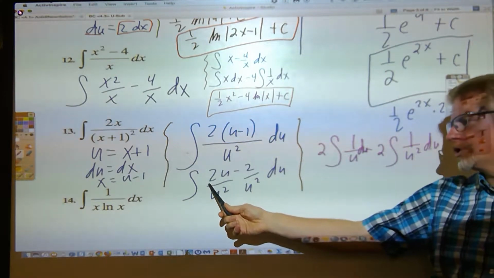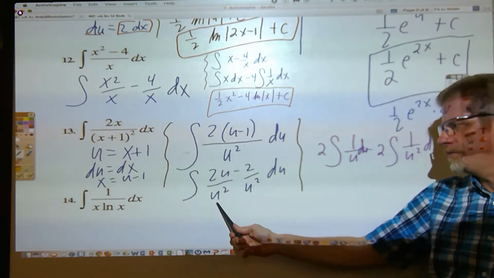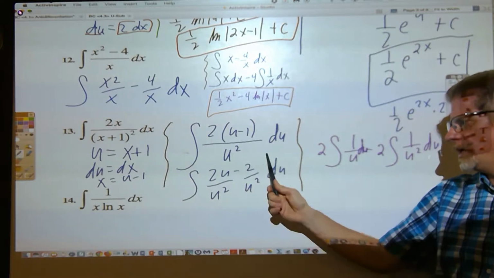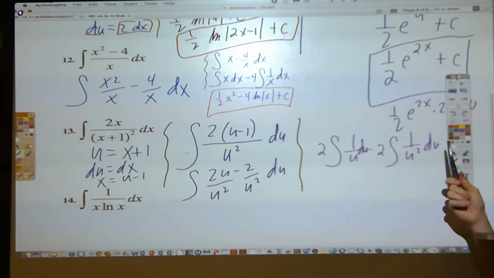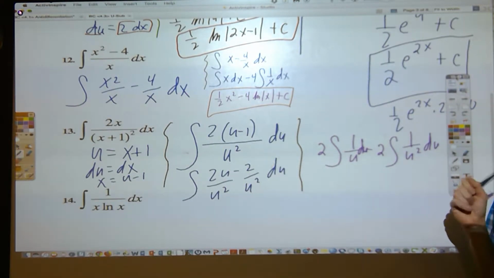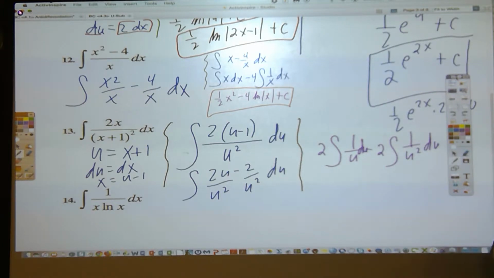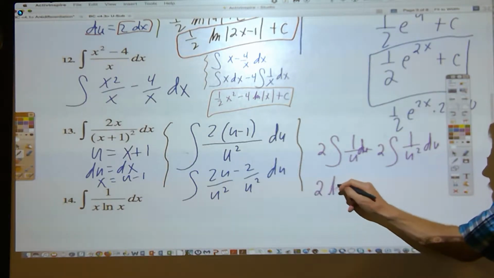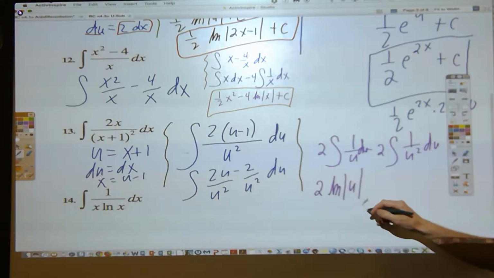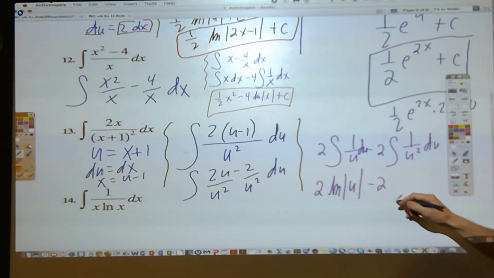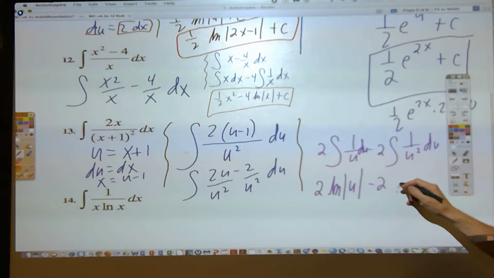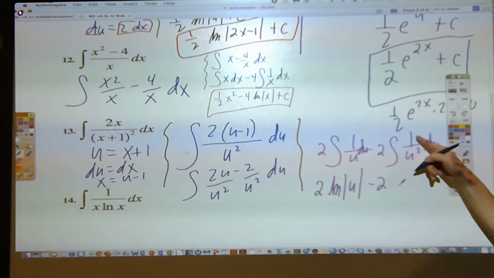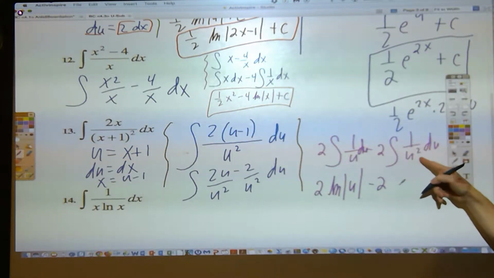I see this as 2 antiderivative of 1 over u minus 2 antiderivative of 1 over u squared. Right? So 2 natural log absolute value of u minus 2 times, are we okay with thinking this as u to the negative 2?